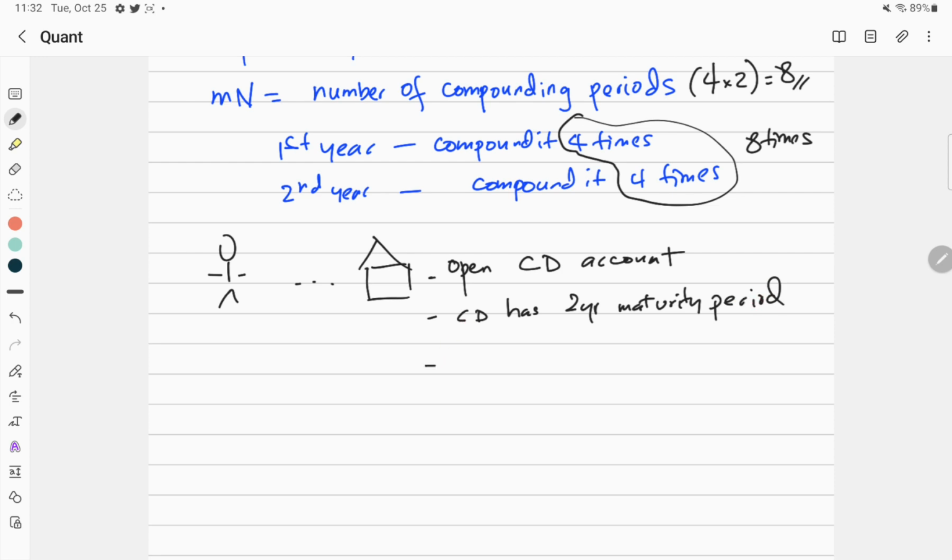And they say the money you're going to put in your account is compounded quarterly, right? And this CD account also has a feature where they say the interest is reinvested at the same interest rate.